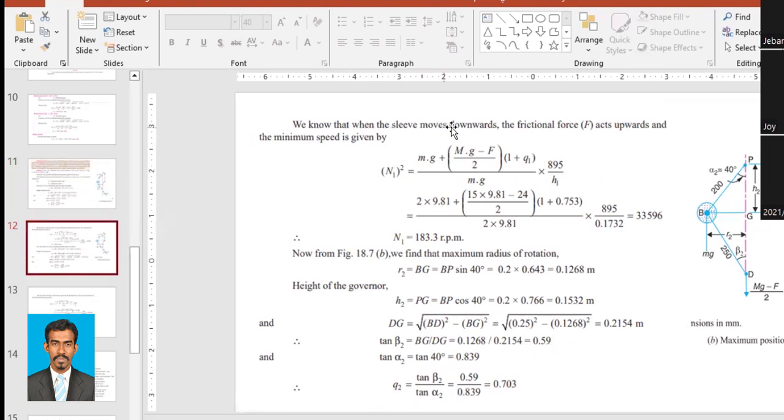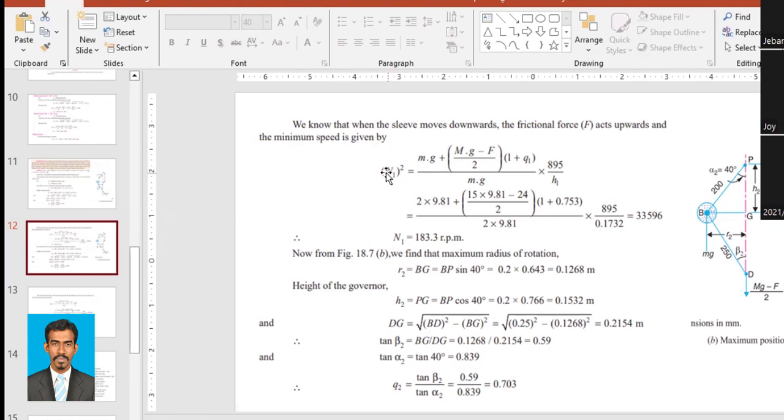We know that when the sleeve moves downwards, the frictional force F acts upwards. Minimum speed means the ball tends to move inwards, which means the sleeve tends to move downwards. So in that case, the force will act upwards. Now we'll put it in the equation.